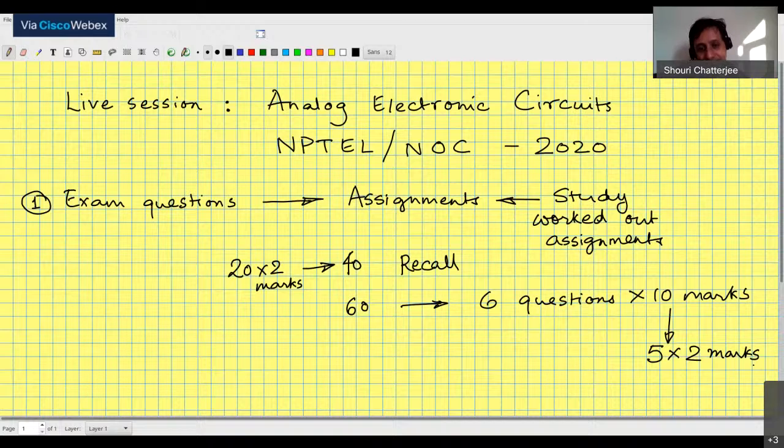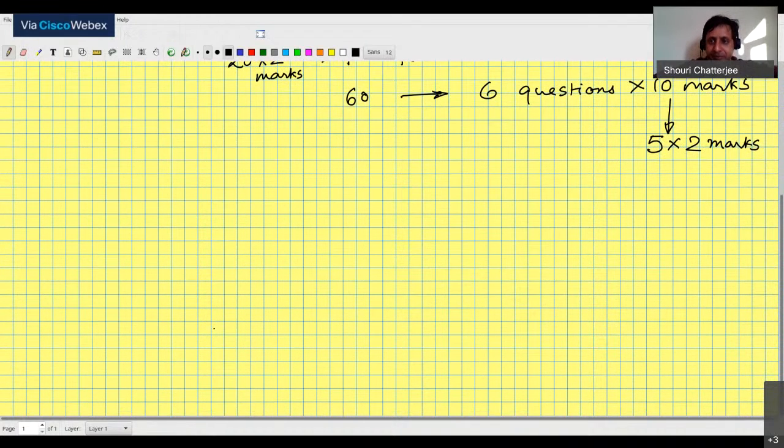So in total, there will be 50 questions, each worth 2 marks. The first 20 will be recall type, and the remaining 6 into 5 will be 6 10-mark questions. So this is the pattern of the exam. And how do you study for this exam? You study the worked out assignments completely. That's the single most important thing. Fine.